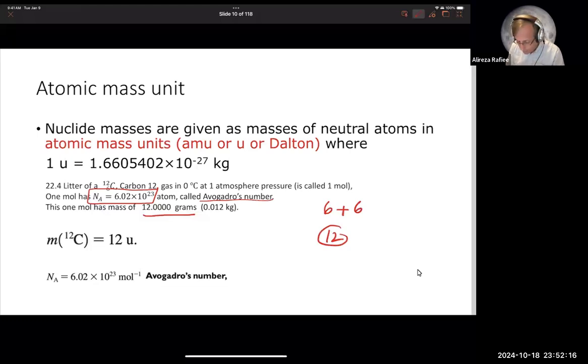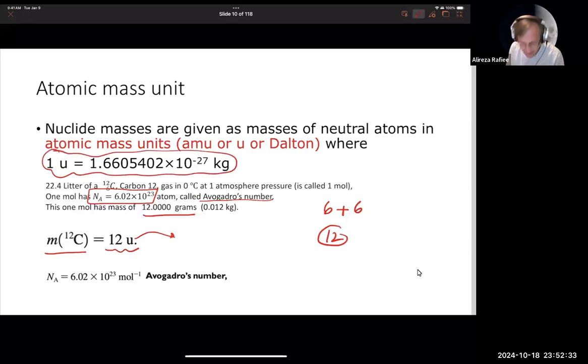So in general, you would say that the mass of carbon-12 is 12 times the atomic mass unit, where the atomic mass unit is now defined precisely to be this number.